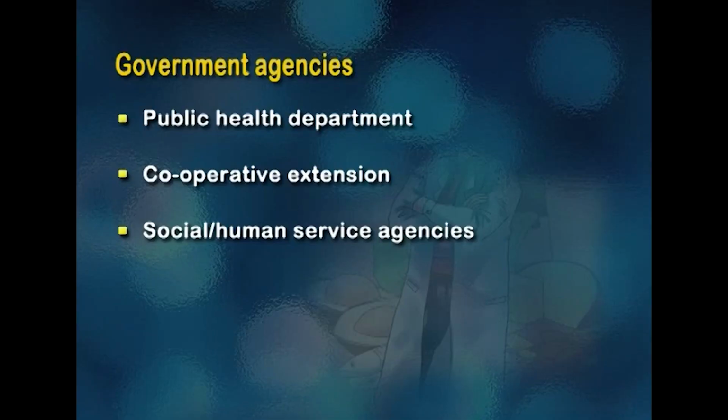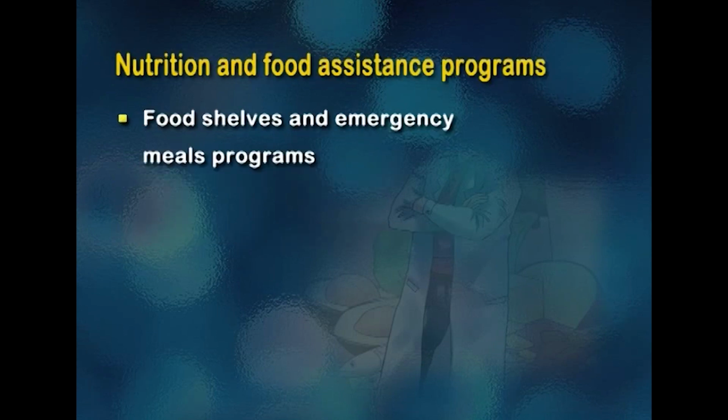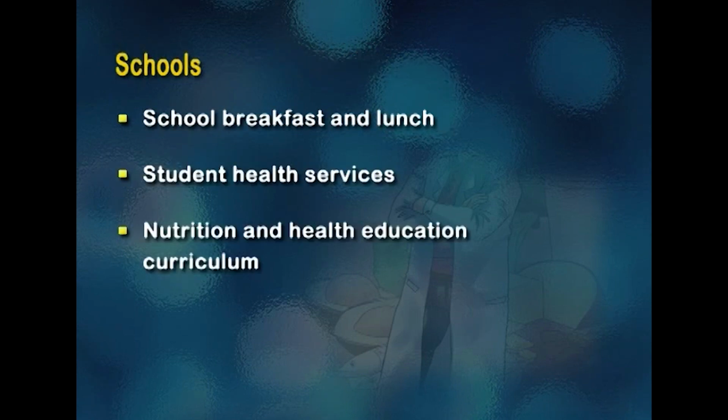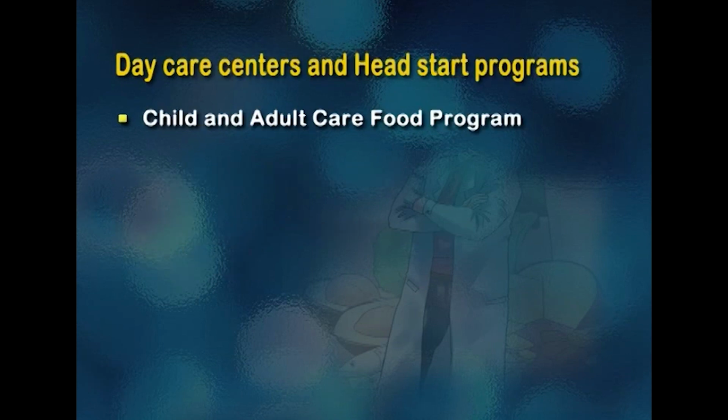At the government agencies, they can work at public health departments, cooperative extensions, social or human service agencies, nutrition and food assistance programs, food shelves and emergency meal programs, school breakfast and lunch programs, student health services, and nutrition and health education curriculum. They can also work at daycare centers and Head Start programs, which include the child and adult care food program.